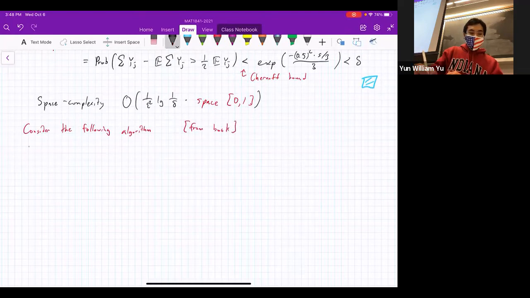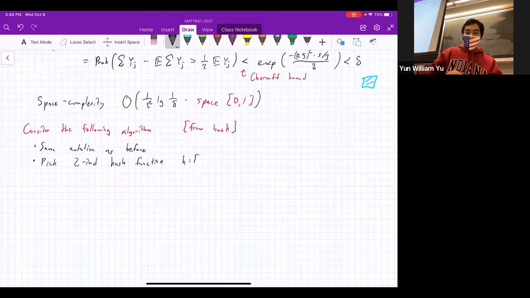The first thing we're going to do is have the same setup, a string. I don't think I need to repeat the setup. It's all exactly the same, with the same notation as before. For the stream, what we're going to do is pick a 2-independent hash function. So we're picking a random hash function from a 2-wise independent family.